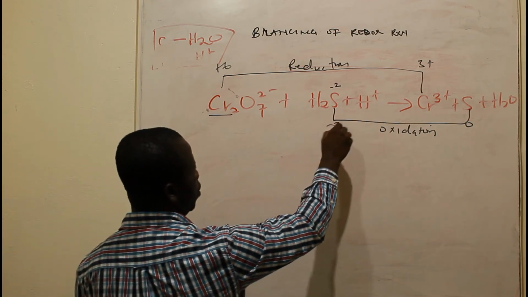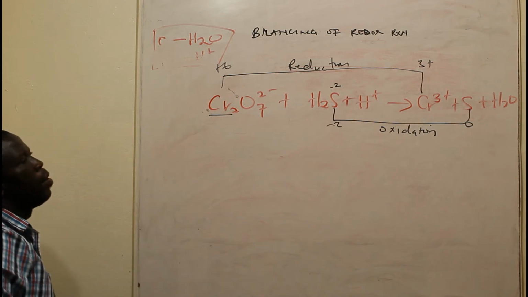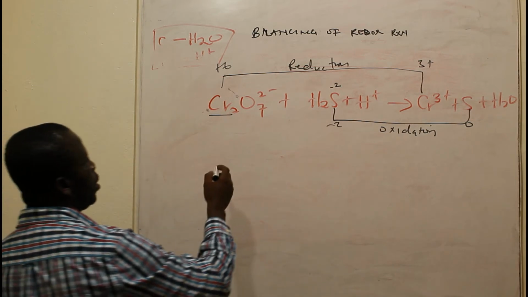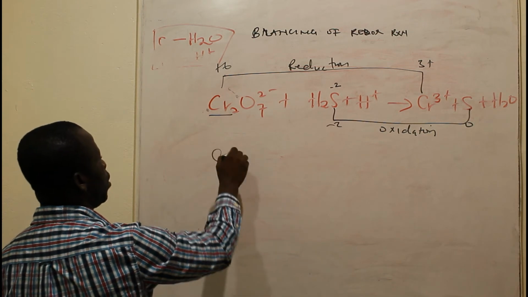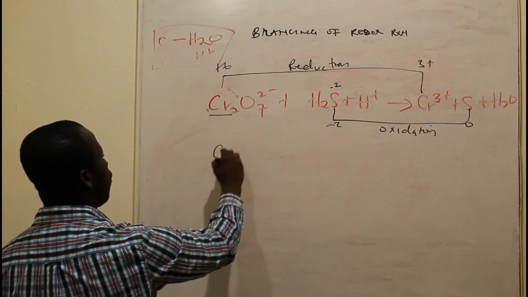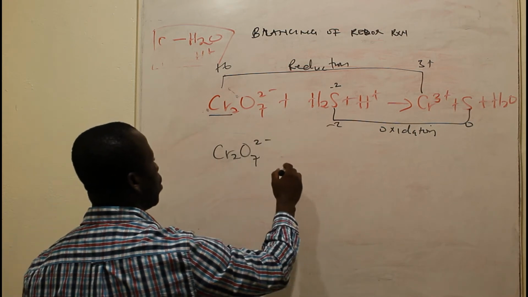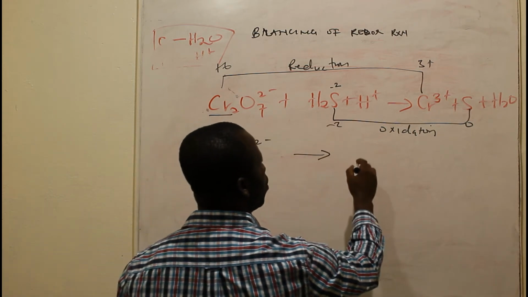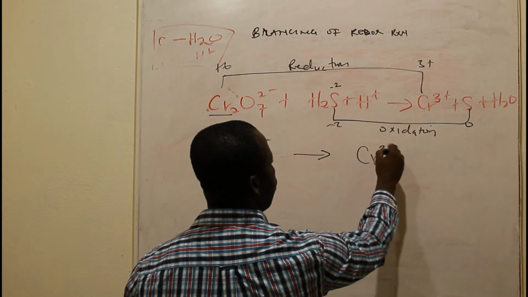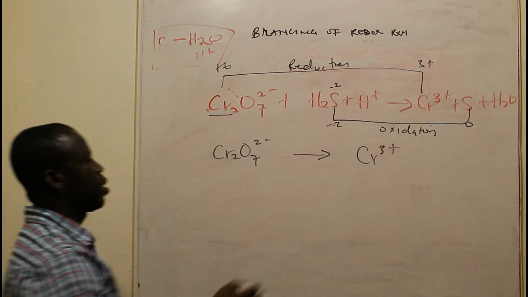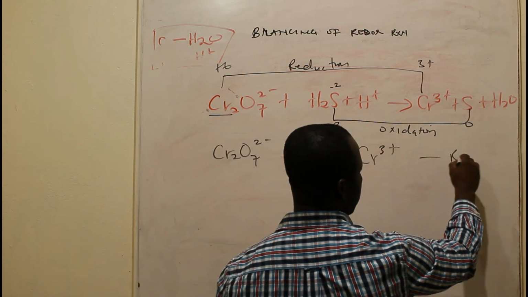So let's balance each. First, let's balance the reduction half, giving you 3+. Now this is the reduction half equation.